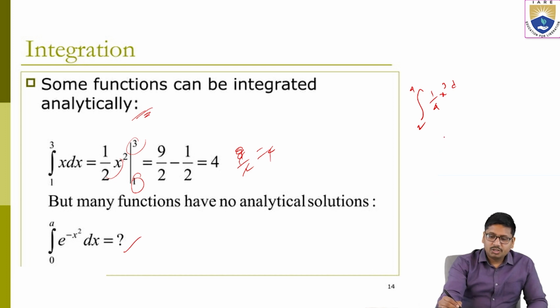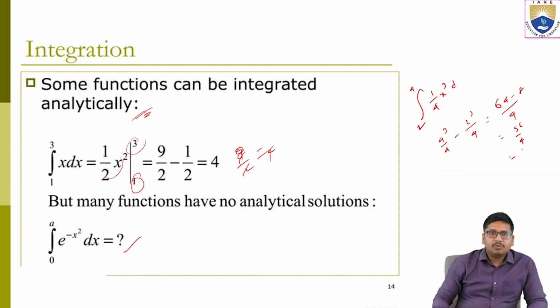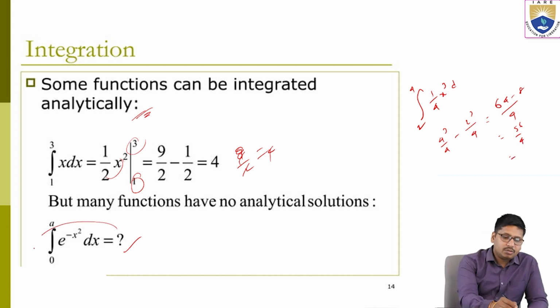So how can I establish this? 4 to the power 4 by 4 minus 2 to the power 4 by 4. That should be 256 minus 16 by 4. So like this you can solve it, but if we have some other function, how can I do this?